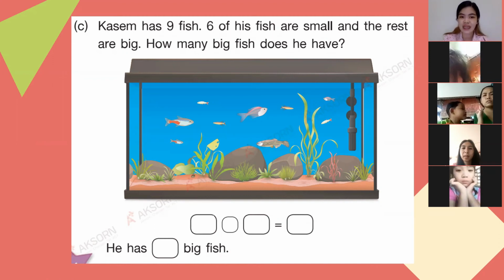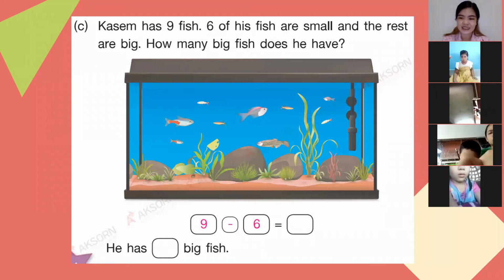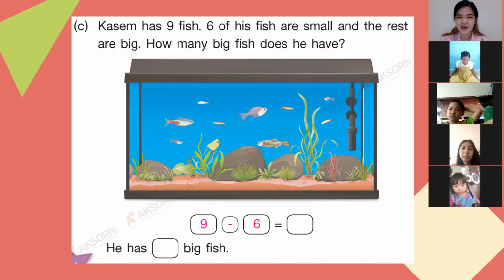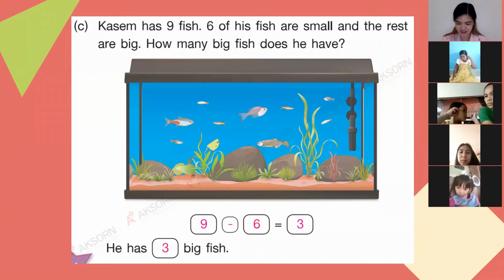So we're going to write 9 fish minus small fish because he has 6 small fish. So we're going to find out the big fish. So 9 minus 6 is how many? Very good. So Kasen has 3 big fish. Yes, very good.